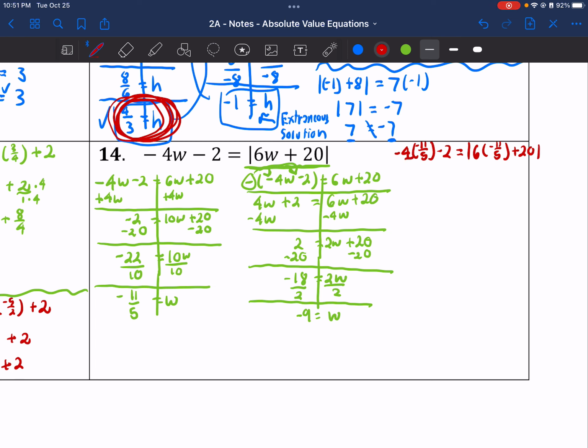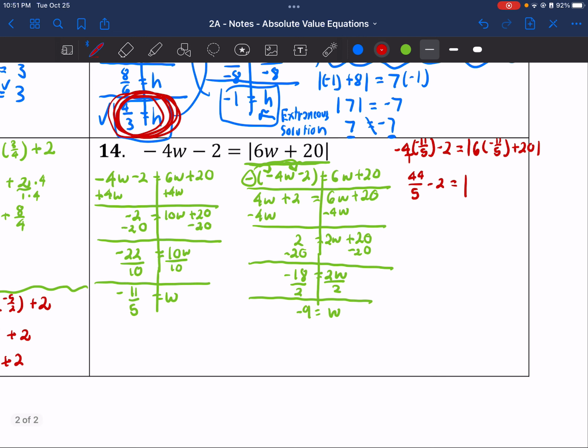Negative 4, we're going to make this into a fraction. Negative 4 times negative 11 is positive 44, and 1 times 5 is just 5. Minus 2 is equal to negative 6 times negative 11, which is negative 66, and 1 times 5 is just going to be 5, plus 20.